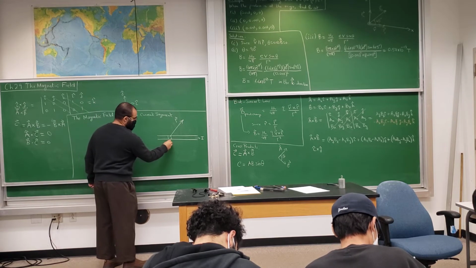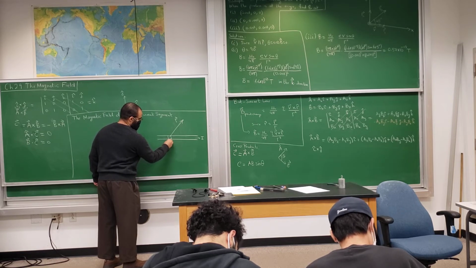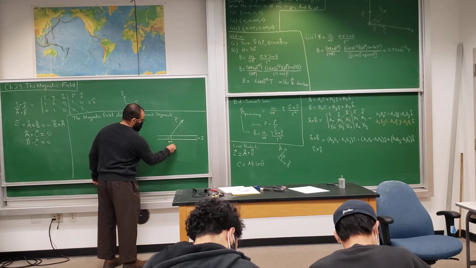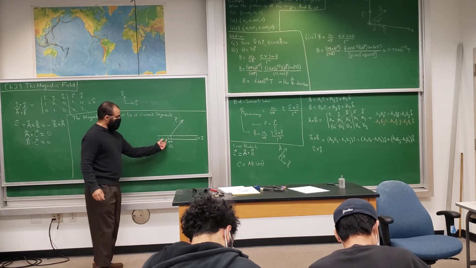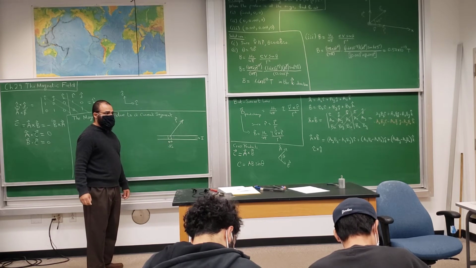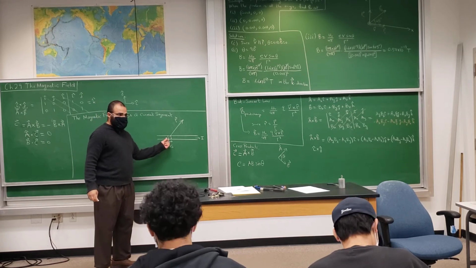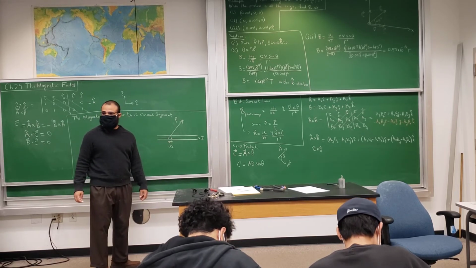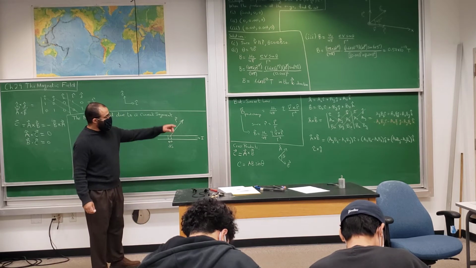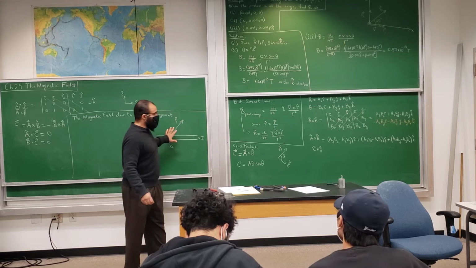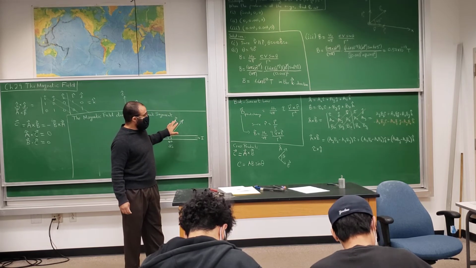You can call the length of this segment ds. There's a charge dq moving. So I'm going to use the magnetic field of a point charge to derive this for the current.